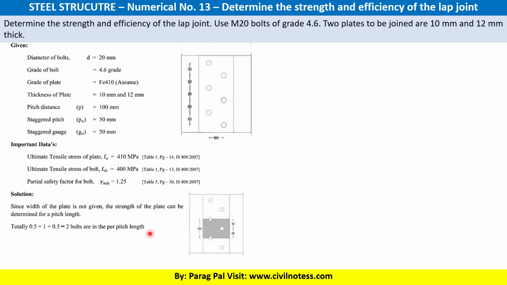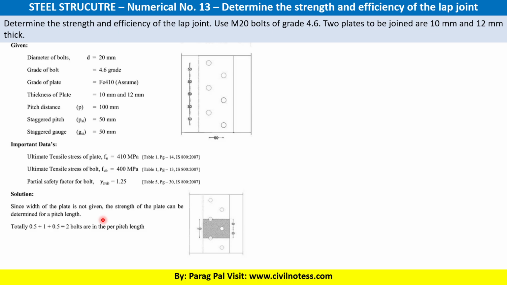Because pitch is from center to center, with 3 bolts we have 2 bolts per pitch length. If we had 4 bolts, we would have 3 bolts per pitch length. So whatever number of bolts you have, minus 1 gives you the number of bolts per pitch length.